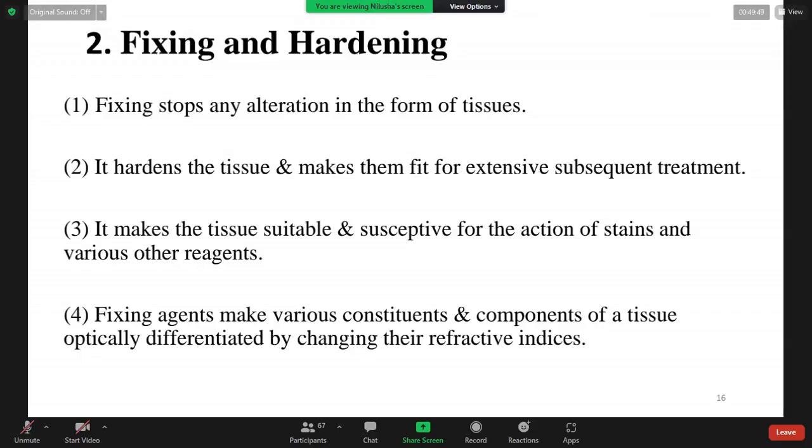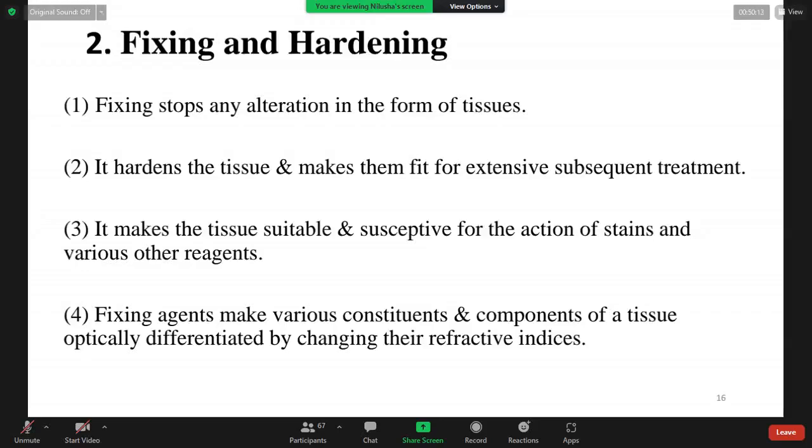Before that, we have to harden the tissue and make a specimen with the slide. So that is why we are doing fixing and hardening. It makes the tissue suitable and susceptible for the action of stains and various other reagents.